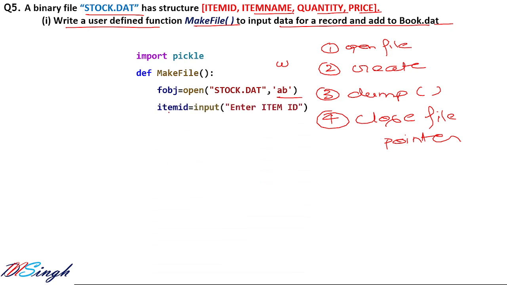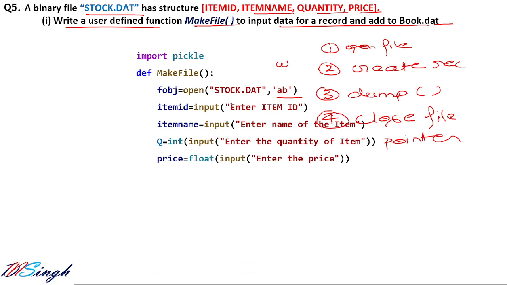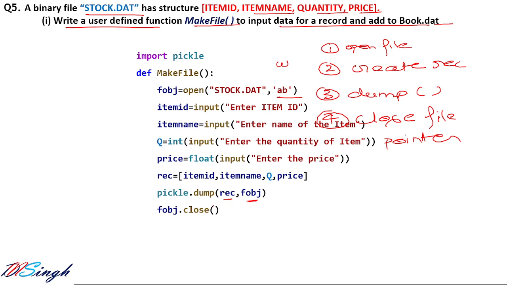Next, read the content: item ID, item name, quantity, and price. Then we create a record of it in a list. Now our job is to dump, so we write pickle.dump with the object to be written and the file handle. Once we have completed this, close the file. That's it. This is the first sub part of this question.